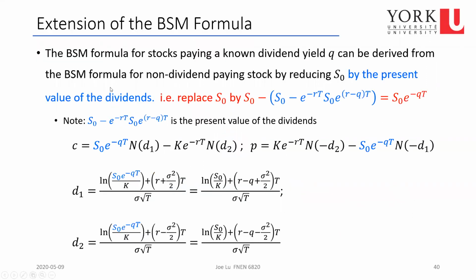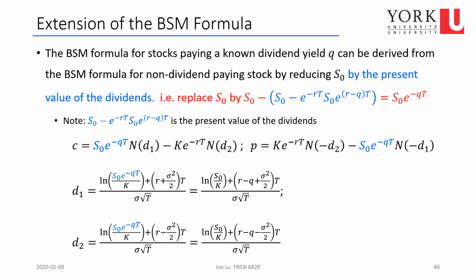Now, if you think about it, if a stock is paying dividends, and for all the dividends paid before maturity of the option, in this case, before the maturity of a call, for example, whenever a dividend is paid, the value of the stock drops by the same amount that the dividend is being paid out.